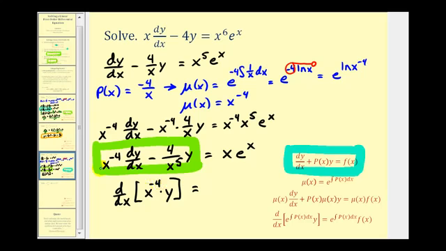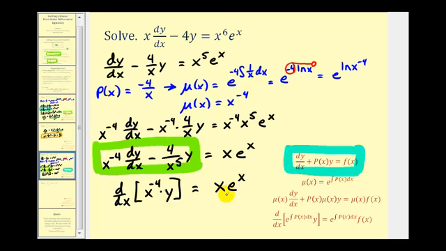The first times the derivative of the second, that looks good, plus the second, which is the y, times the derivative of the first, and that's the reason why it's minus, because we'd multiply by negative 4 and then subtract 1, that'd be x to the negative fifth, which in the denominator is x to the positive 5. So that looks good. And since these are equal, this derivative must also equal the right side here, which is x times e to the x.